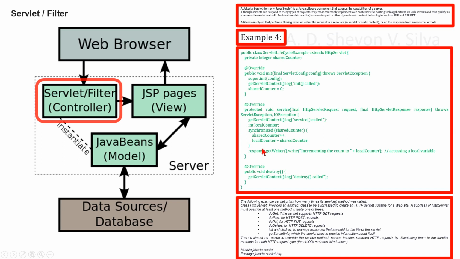As an example 4, we can consider this servlet. This example servlet prints how many times its service method was called.